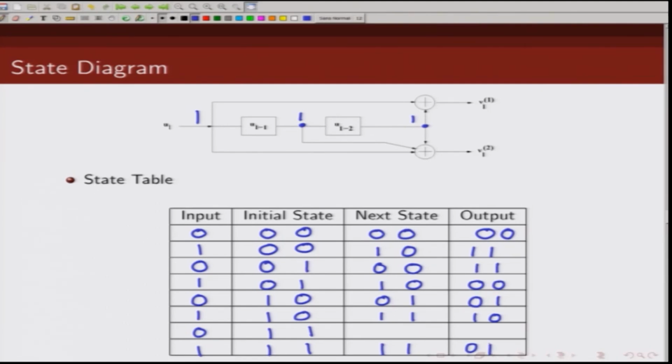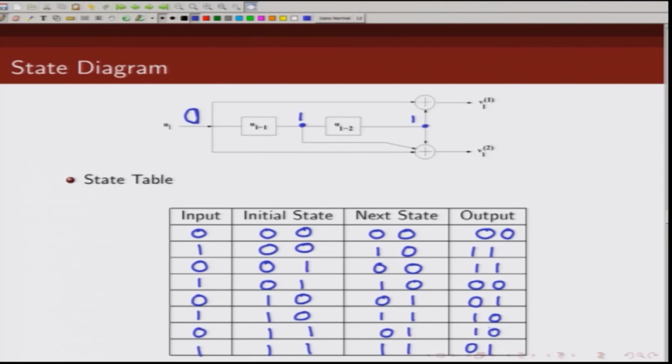And if the input is 0 instead of 1, then next state would be 0 1, and output will be 0 plus 1, which is 1, and 0 plus 1 plus 1, this is 0. So, note that we have drawn all possible state transitions corresponding to all possible inputs and all possible initial states.